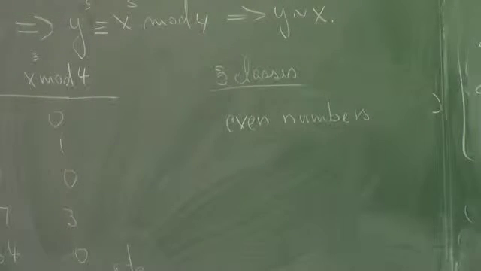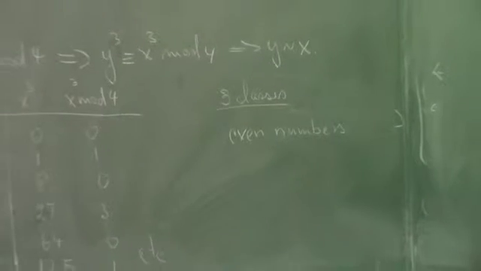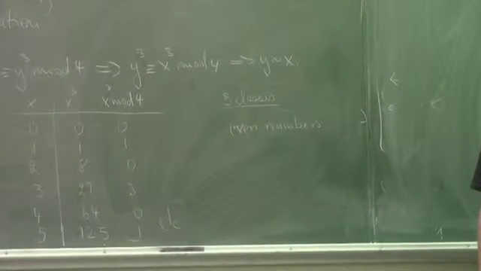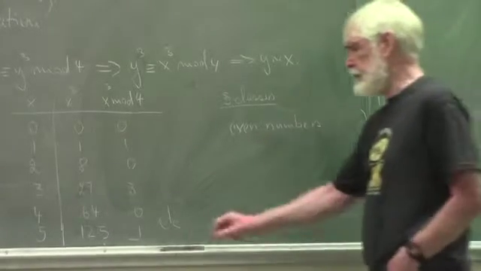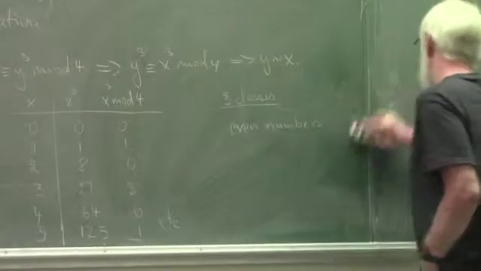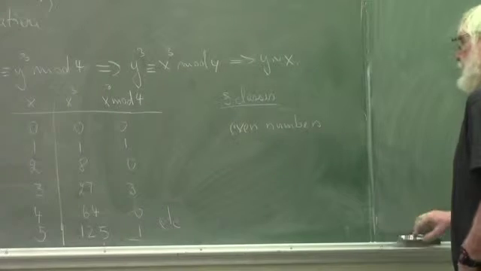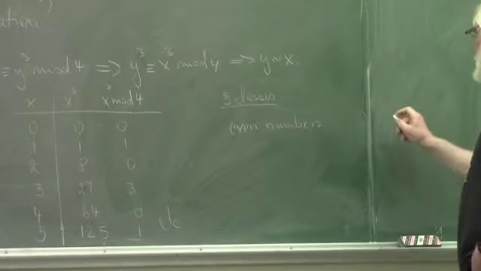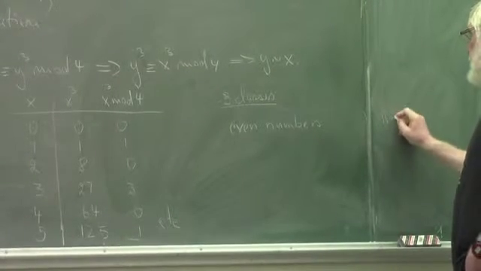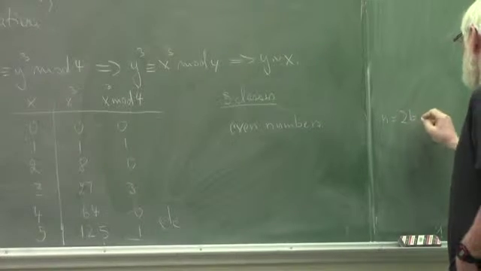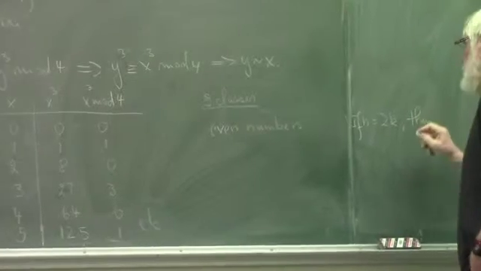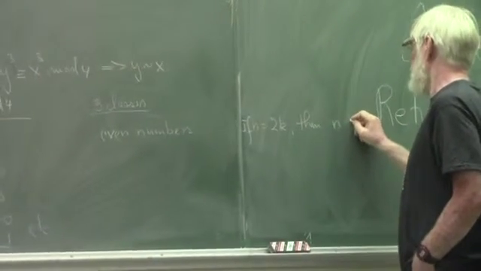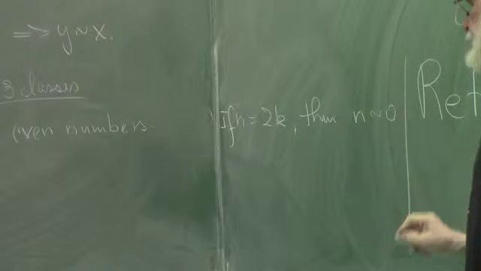You raise an even number to the third power, you always end up with 0. So what I want to say is, if n is 2k, then n is equivalent to 0.